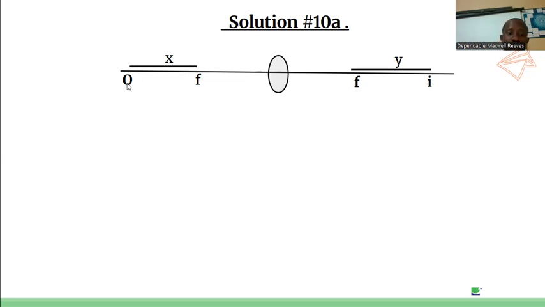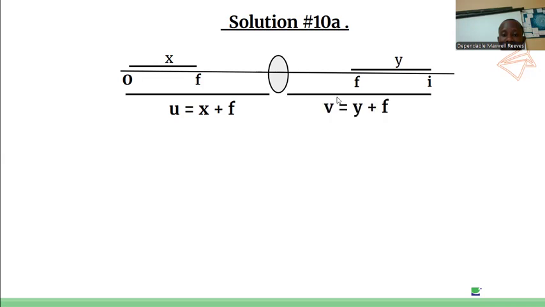So the distance from the object to the lens is the object distance, u. But u will be equal to x plus the focal length f. So we are safe to say that the object distance u is equal to x plus f. On the other side, the distance of the image to the lens is the image distance, v. But the distance from the image to the focus is y, and the distance from the focus to the lens is f. So we are safe to say the image distance v is equal to y plus f.